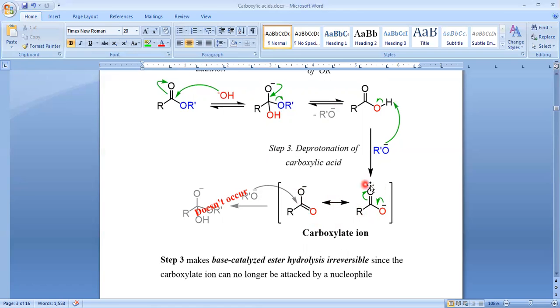These equivalent resonating structures attribute more stability to the carboxylate ion, and also make this carbonyl carbon less electrophilic than in the carboxylic acid. So the second step, a further attack by alkoxide, or you can say base, cannot take place. This step does not occur. Why? Because this carboxylate ion is less electrophilic. Why? Because it participates in equivalent resonance.